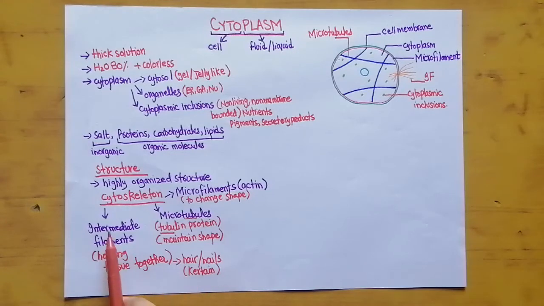It means that intermediate filaments present inside hair or nails are made up of keratin proteins. Similarly, if the intermediate filaments are present in other parts of the cell, the protein composition may vary.